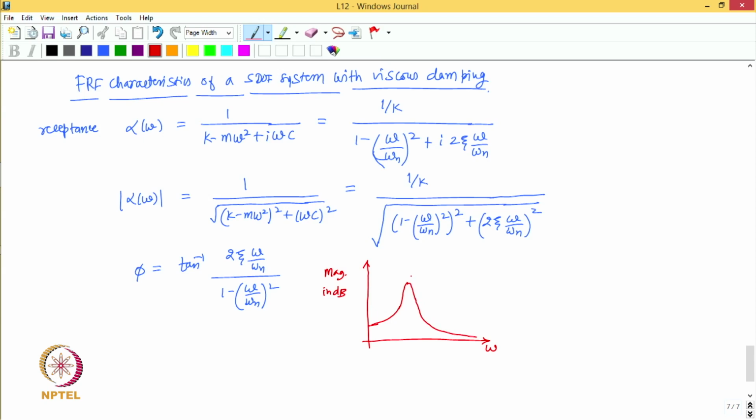This is the location of the undamped natural frequency omega n. We see that for this system, as we have studied earlier, the peak in the FRF occurs slightly to the left of the natural frequency.